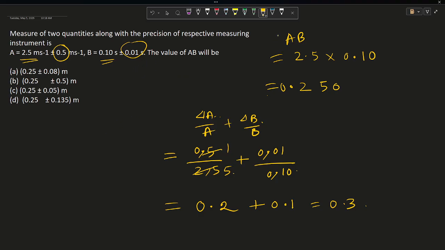Now let us denote it as x, then this one will be delta x by x.